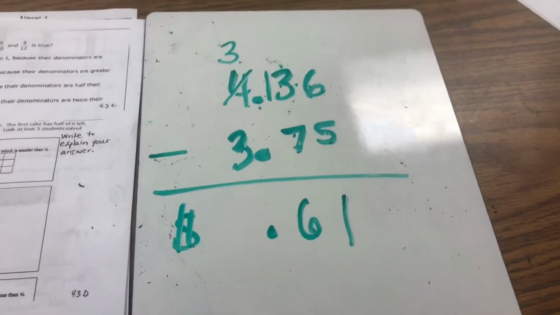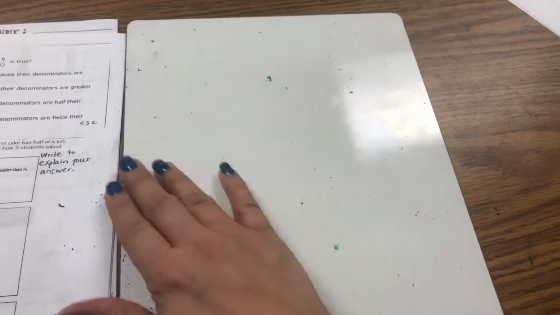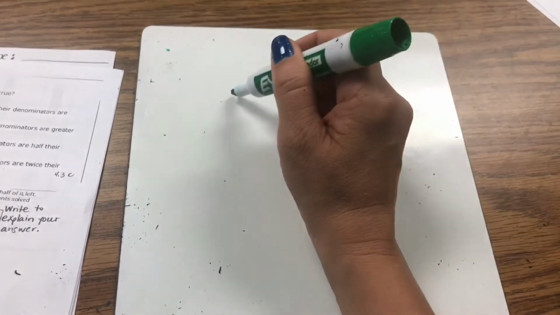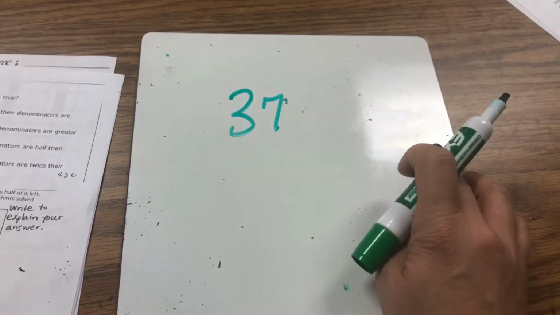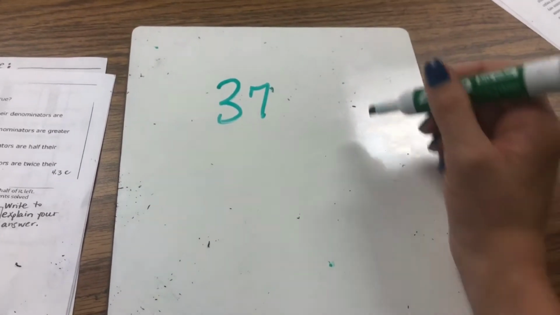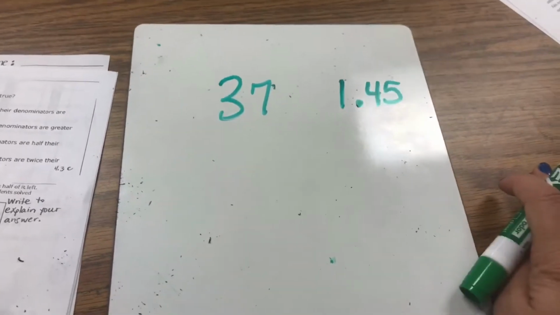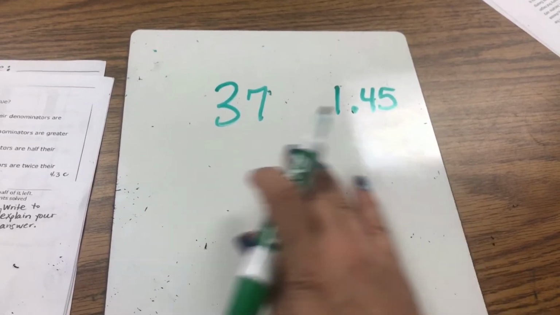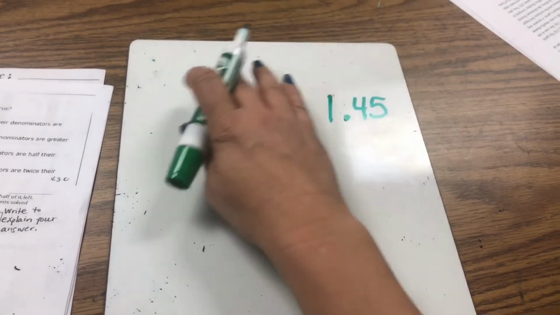Now, that's how we add and subtract decimals. The only thing that you might also want to be thinking about, ladies and gentlemen, is if you get a problem where you're expected to add a whole number such as 37, with no decimal point, and I'm wanting you to add, let's say, 1 and 45 hundredths. Well, this number is a decimal and this one is just a whole number.